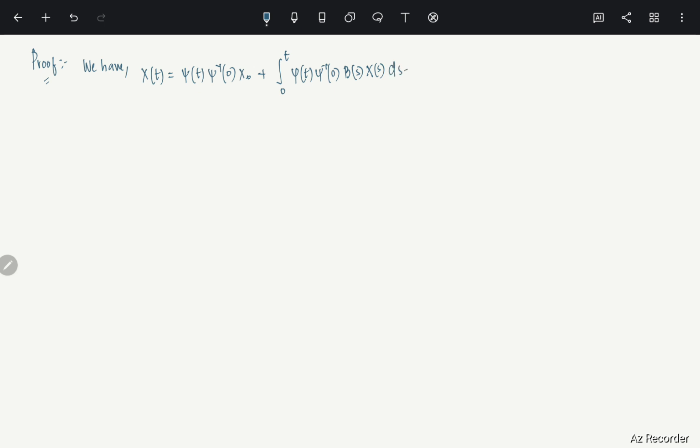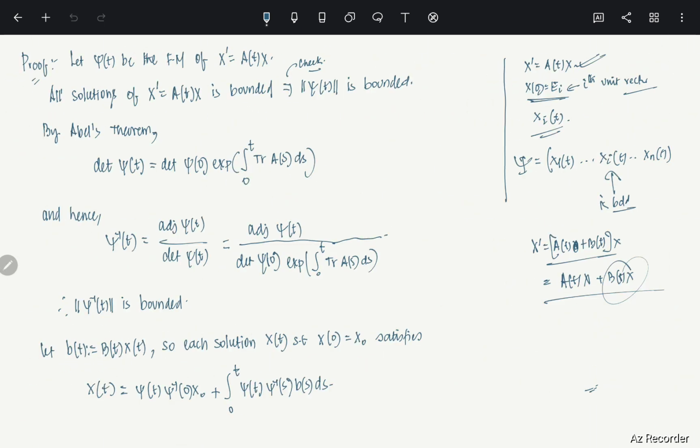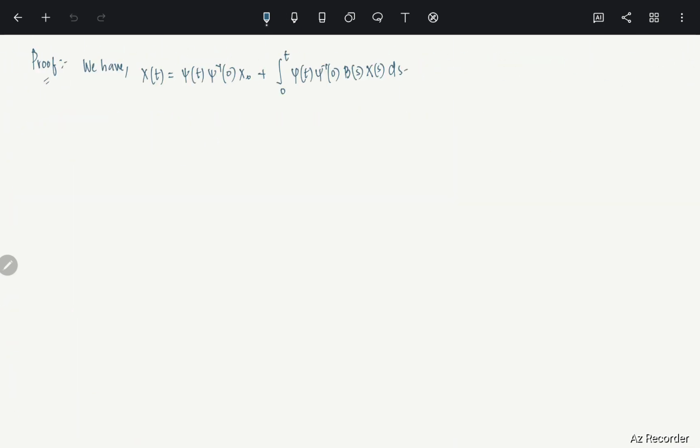This is all satisfied, right? This is the thing which we did earlier. The x will satisfy this equation.